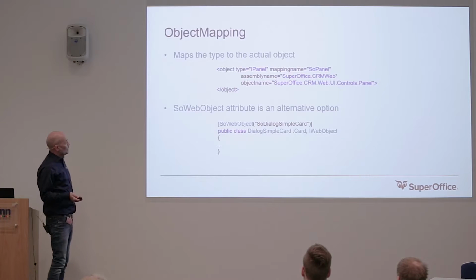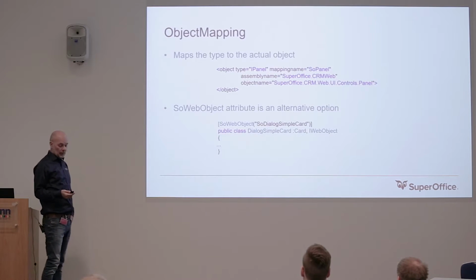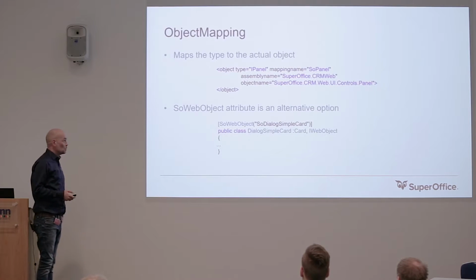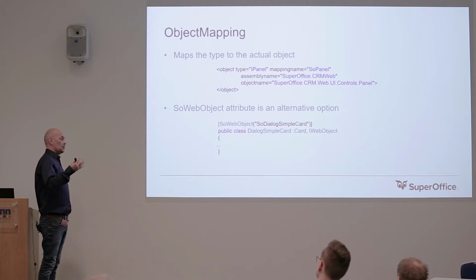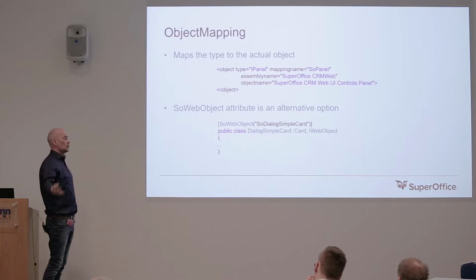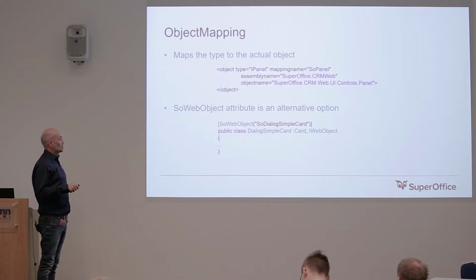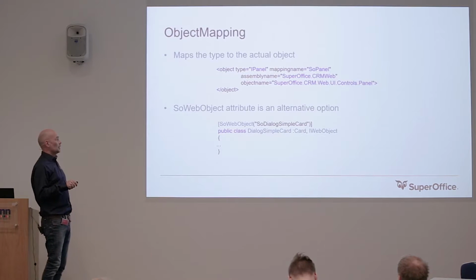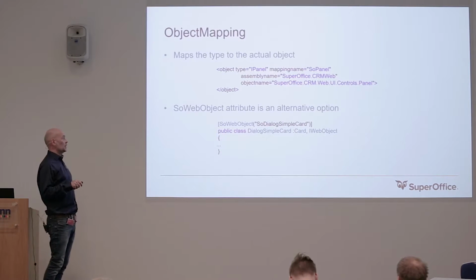The object mapping file is the file that tells the page framework that a control of type SO text box can be found in this assembly with this assembly name. This is a panel, by the way, where this tells the page builder framework where to find SO panel.